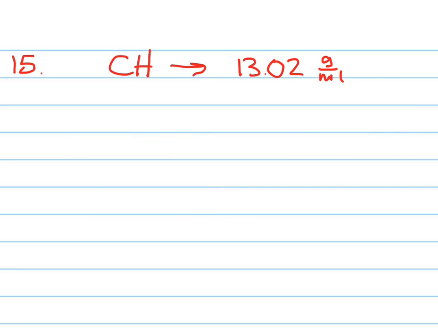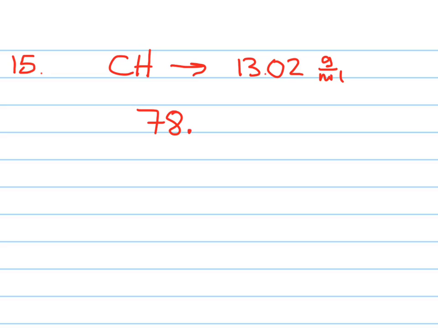Alright, we have an empirical formula of a hydrocarbon. It's 1C and 1H, and the molar mass of CH is going to be 13.02 grams per mole. We have 78.12 grams per mole for the entire molecule, so we have to find out how many of these 13s are going to fit into 78.12.